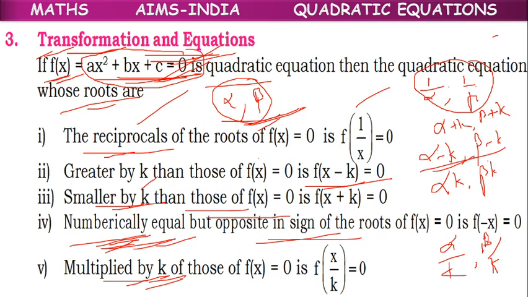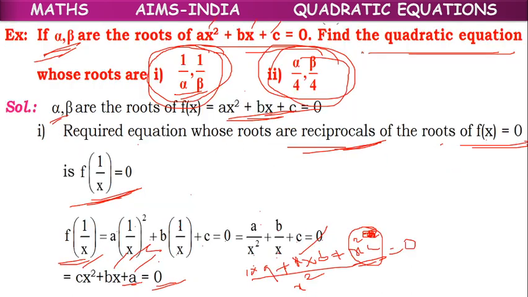Alpha minus k, beta minus k: equation is f of x plus k. Alpha k, beta k: equation is f of x by k. Alpha by k, beta by k: then equation is f of kx. Like that we can transform the equations.